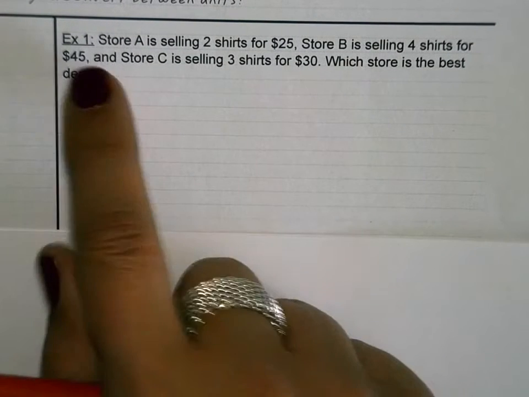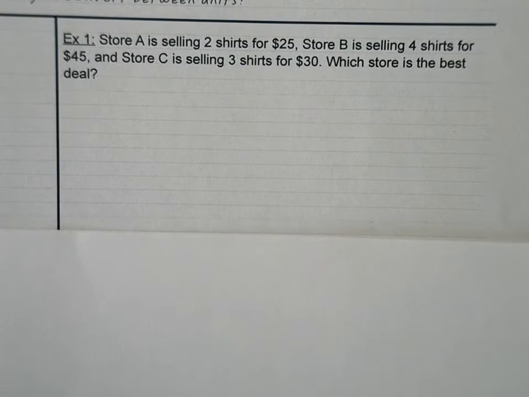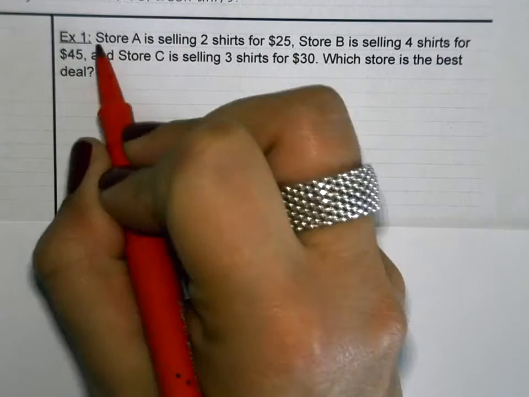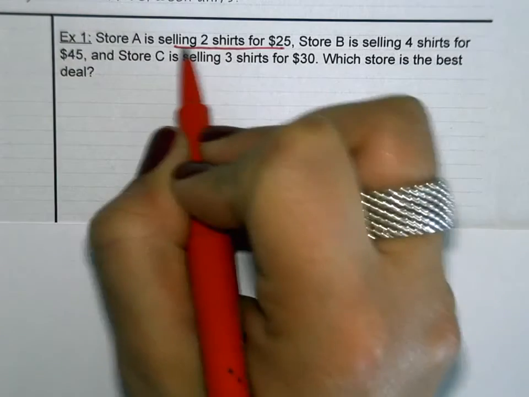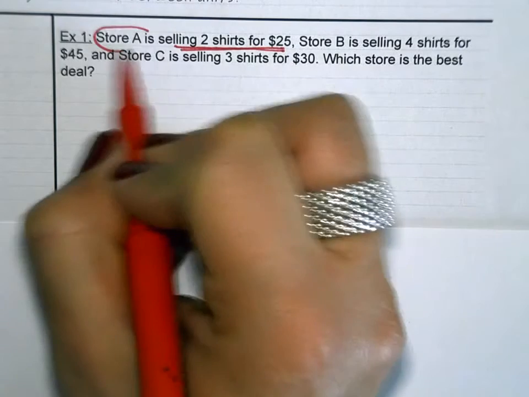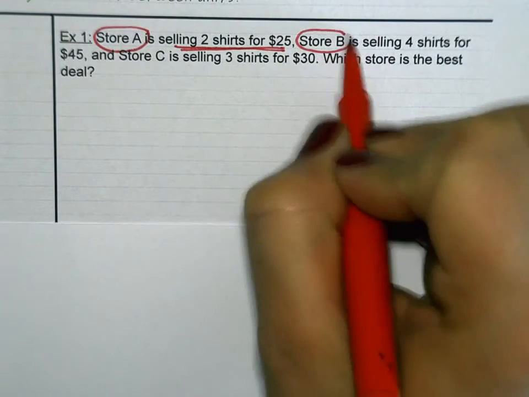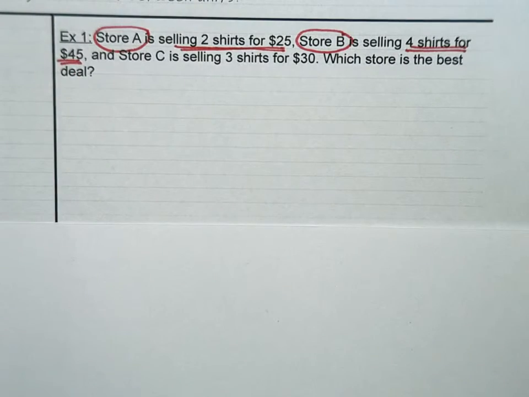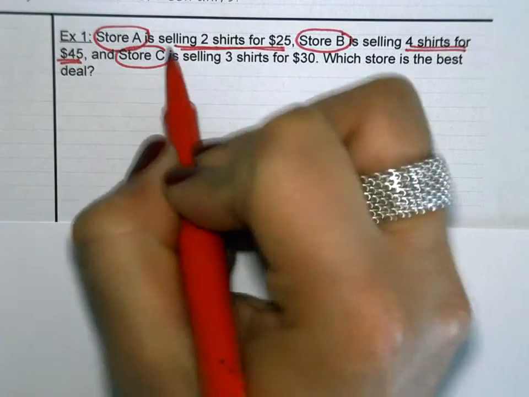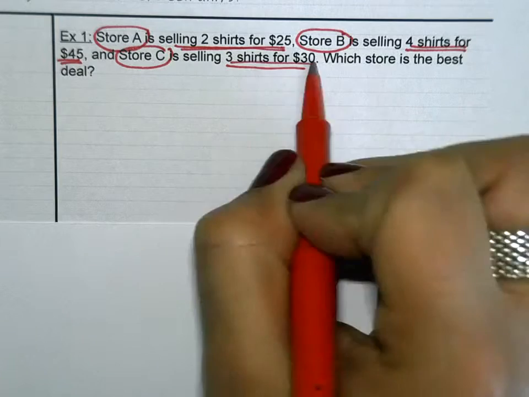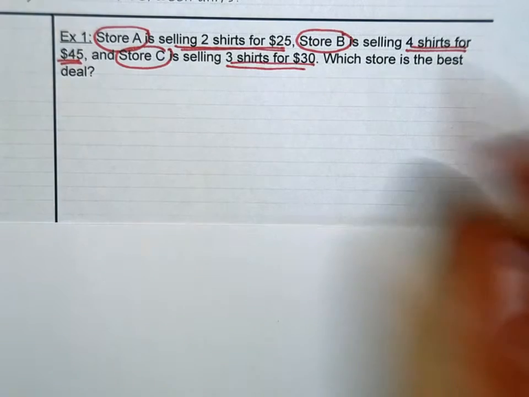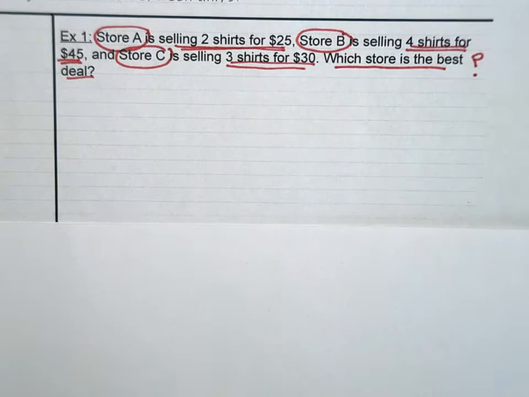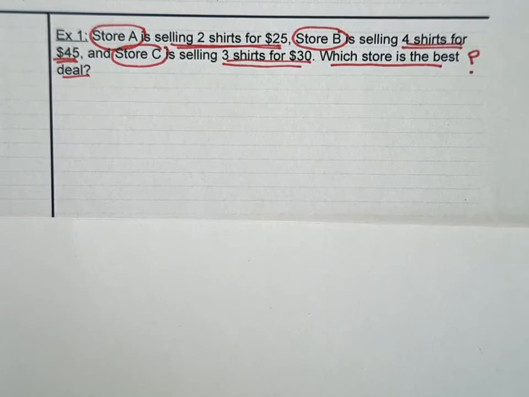So example 1, store A is selling 2 shirts for $25. Store B is selling 4 shirts for $45. And store C is selling 3 shirts for $30. I want to know which store is the best deal. I'm going to put a question mark there because that's where the question is.